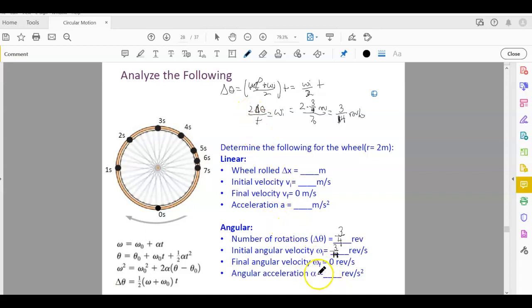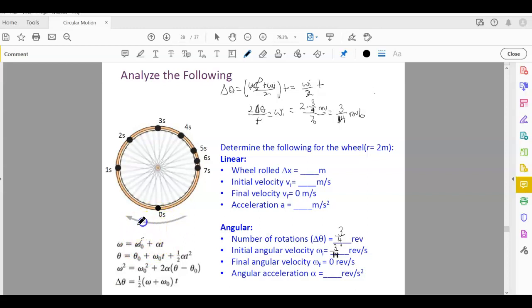Let's get the angular acceleration. Let's use the simplest equation that we could use. Now that we have time, delta theta, omega initial, and omega final, let's use the most simple equation to get what angular acceleration is. Well, right here looks like it.